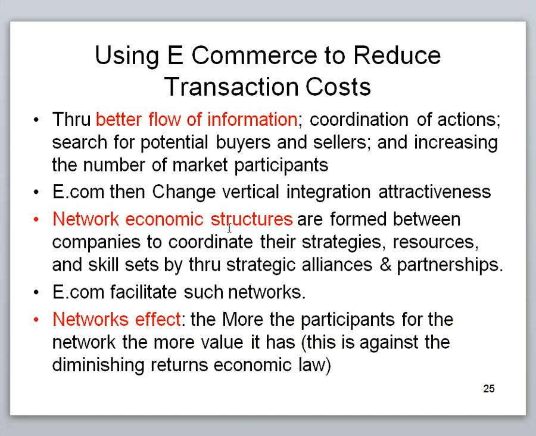Instead of serial transactions from one point to another and then from another point to another, like a chain, they provide what is called a network. A network is like having different nodes, points, connected together here. Alliances are formed between companies to coordinate their strategies, resources, and skill sets through strategic alliances and partnership.